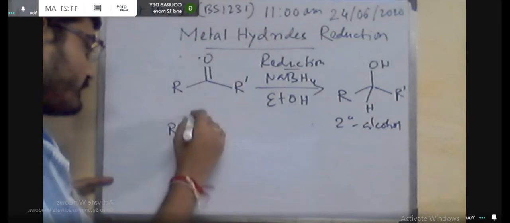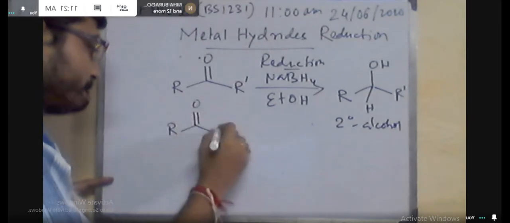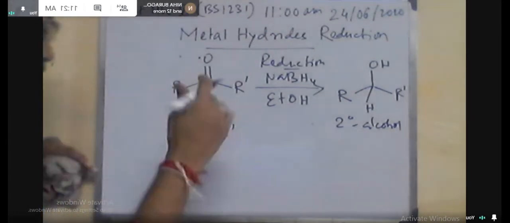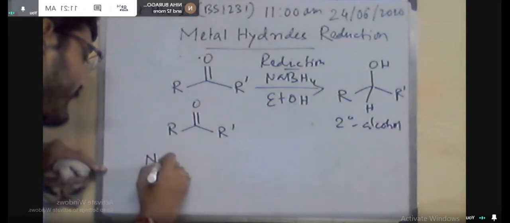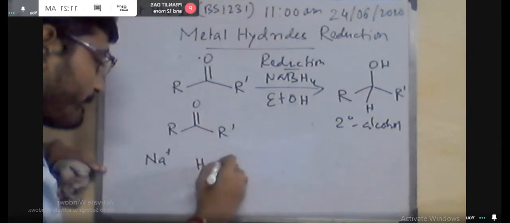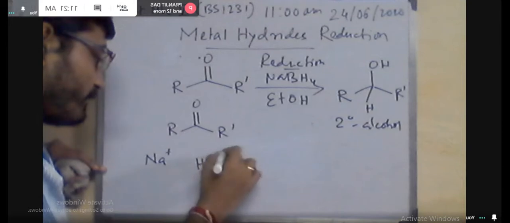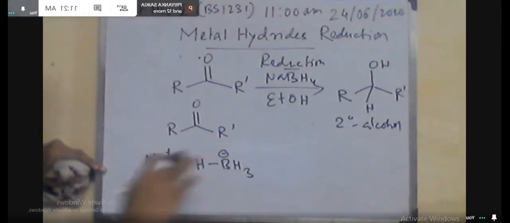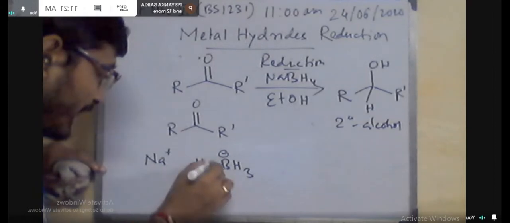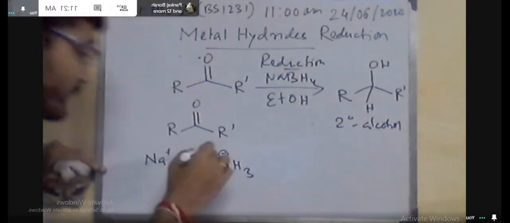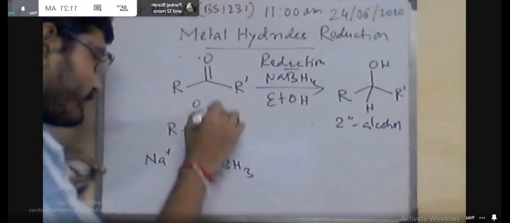So R prime H minus. Now in the final step, ethanol acts as a proton source, so it will get protonated and generate the 2-degree alcohol. So the mechanism is fixed, that is the hydride transfer mechanism.